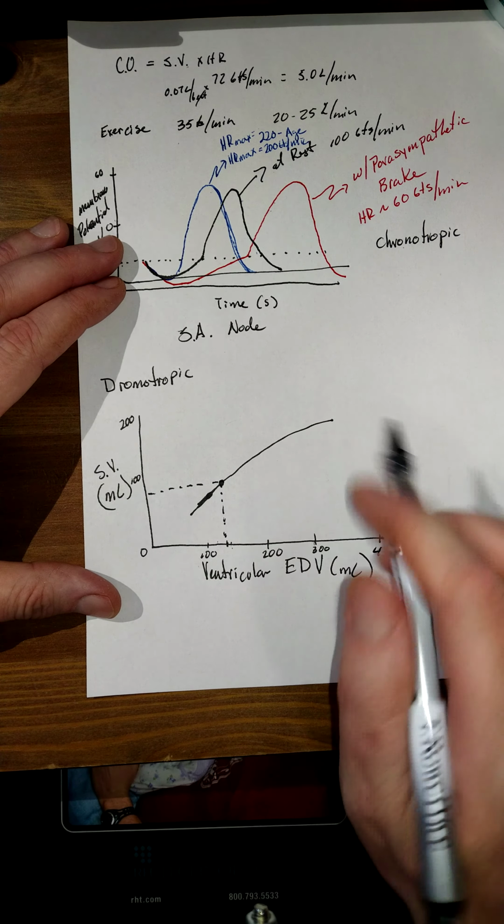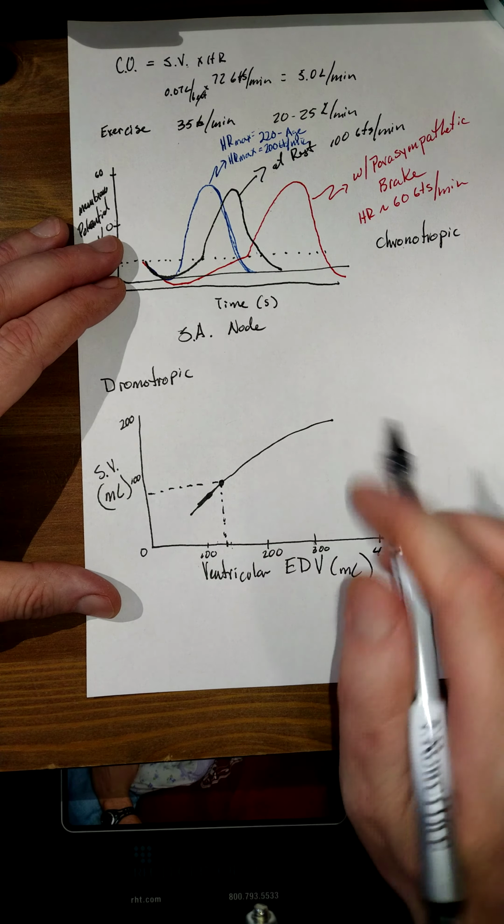Because we can look at this as essentially a length tension curve, because as we increase the length, the more tension we get on it. The cardiac myocyte is a little bit different because its resting tension is not near the optimal length. So there is some play with contractility.